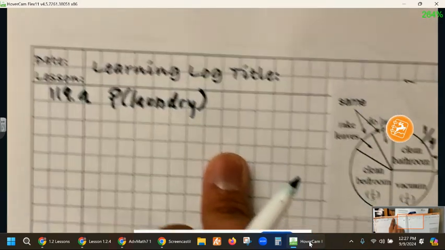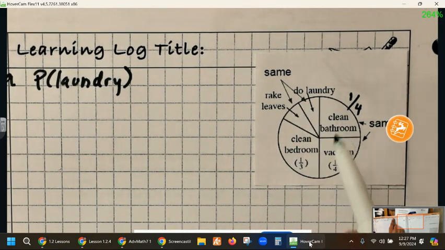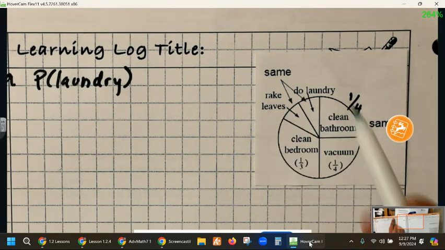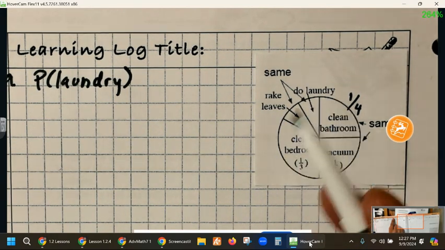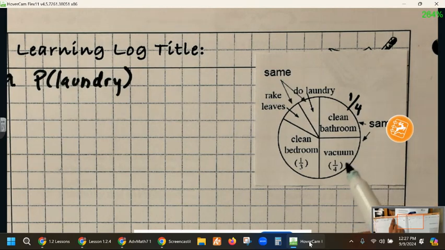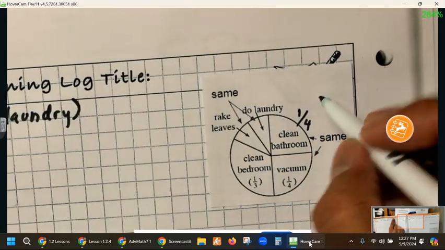All right, so if this part of the spinner is missing and this part is not missing, we can figure out what all of this is and subtract it from the whole entire spinner to find out what is missing. So in order to do that, we have to change these to a common denominator.